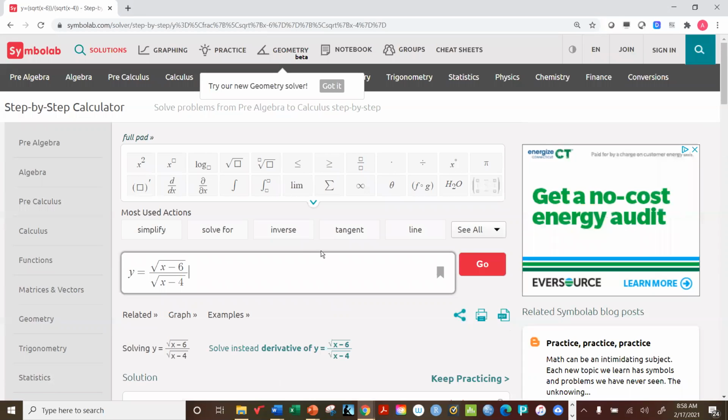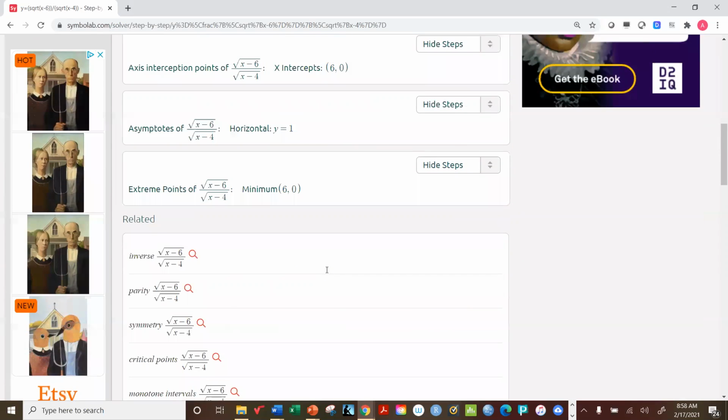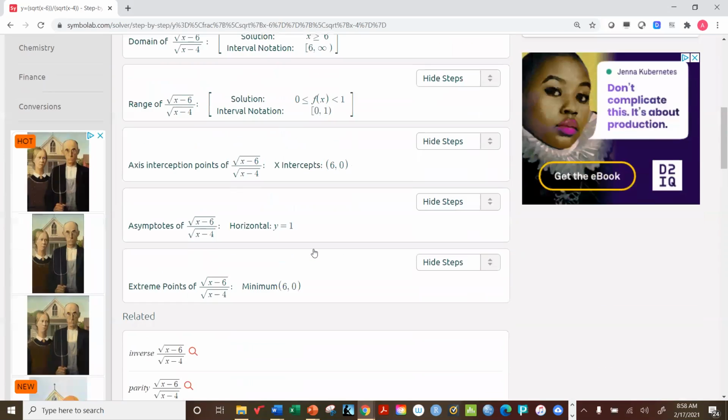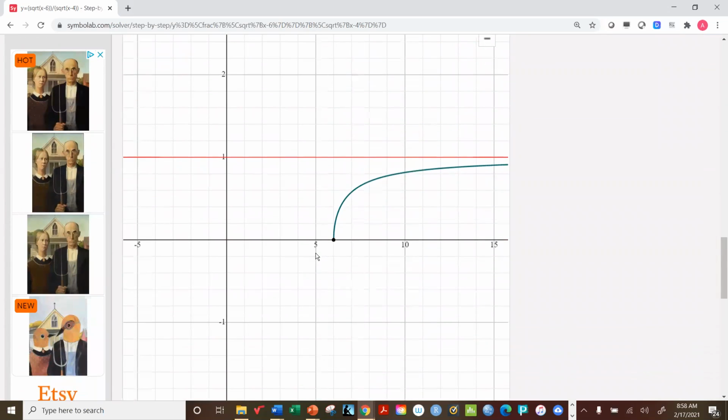I'm sure it's going to be very bizarre. But first, let's confirm, yes, they agree with us. The domain is everything from 6 up to infinity, including 6. And this is what it looks like. Whoa. Yes, that's very peculiar. But okay, that's it. It's just 6 and up, and that's all we have.